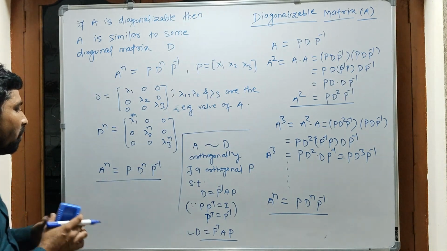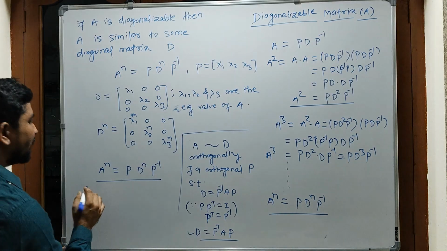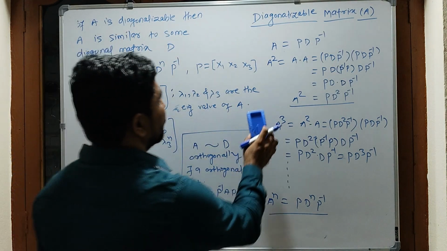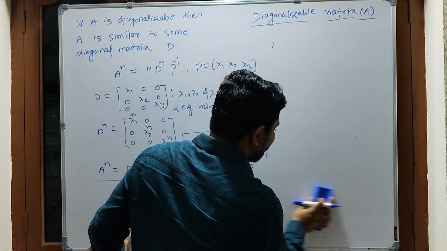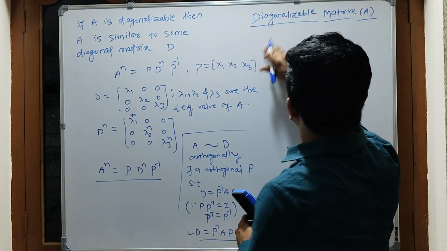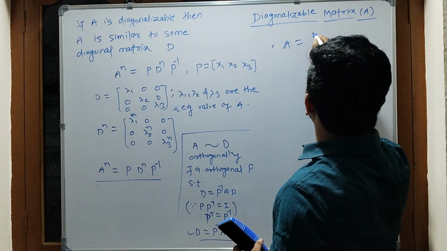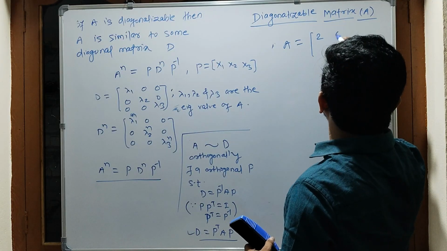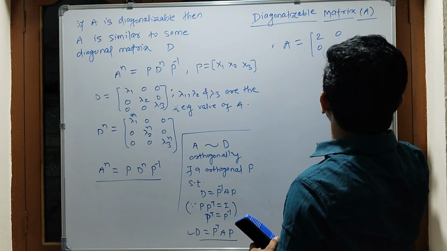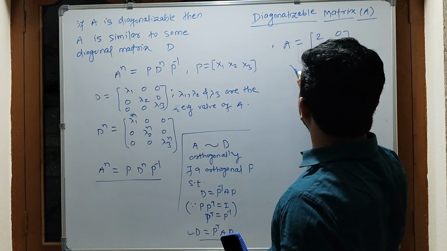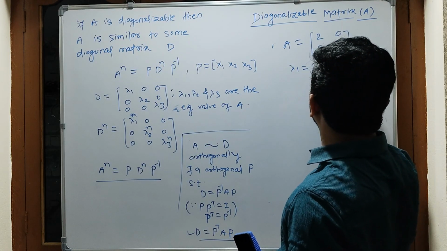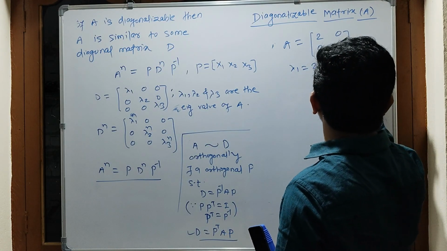Here, for any power n, for example, let's say this is my matrix A, having 2 0 0 and 5. The eigenvalues of this matrix are lambda 1 equal to 2 and lambda 2 equal to 5.